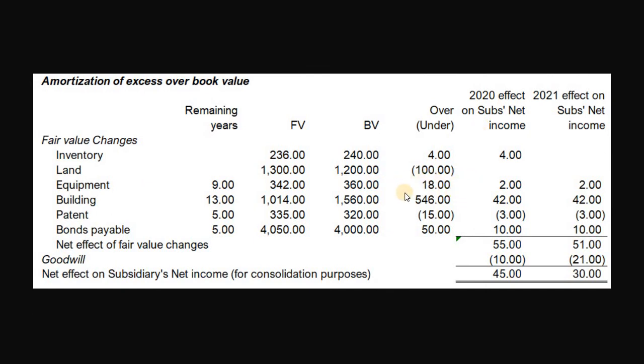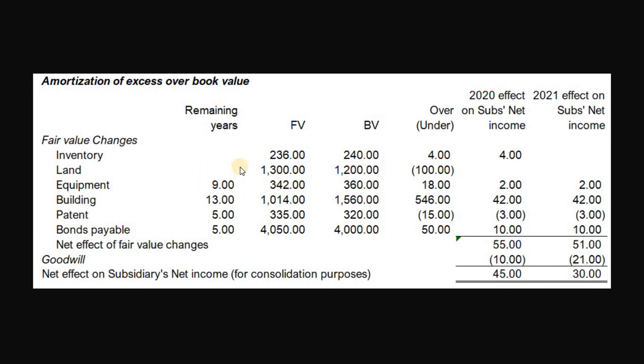is 18 pesos. However, the 18 peso difference is not yet fully amortized because we expect that the 18 peso difference will be fully amortized at the end of 9 years estimated useful life.